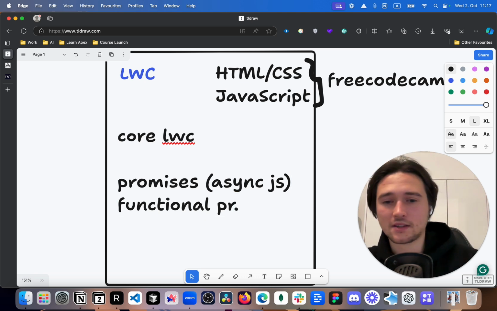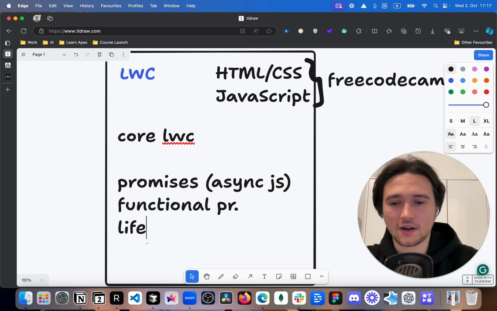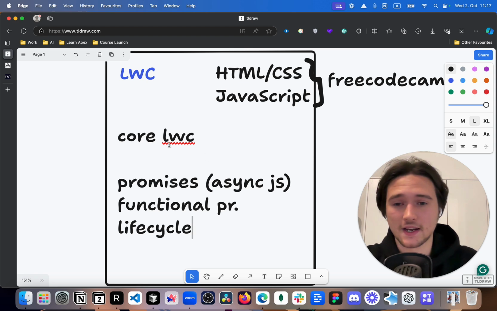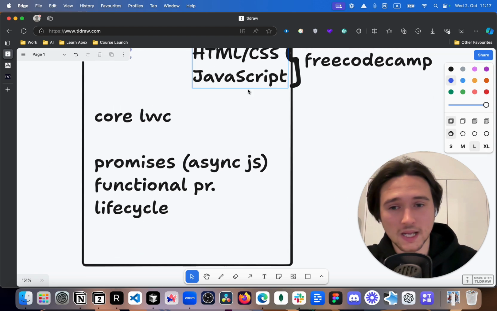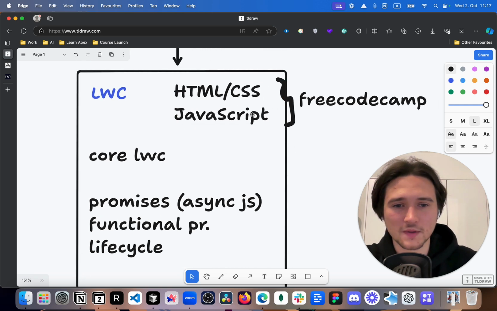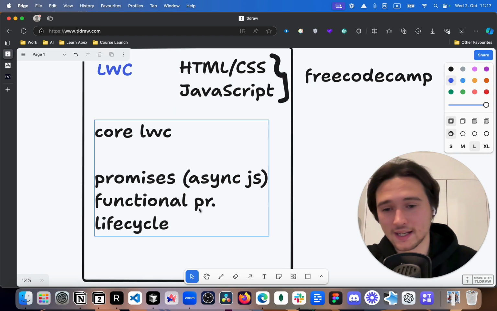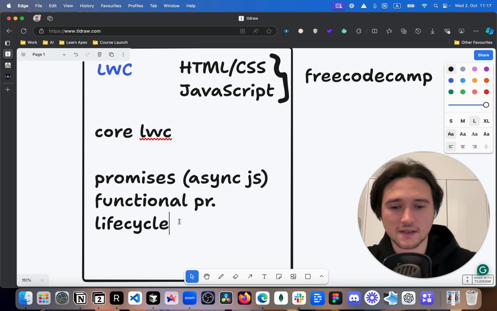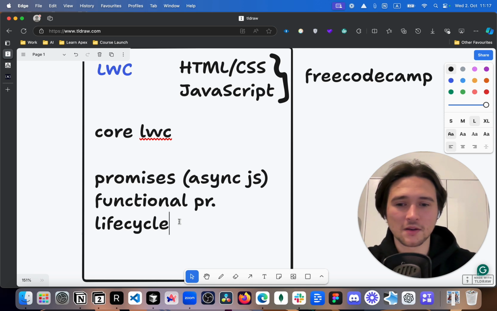Then another topic that people struggle with, and I don't understand why, is the life cycle. Life cycle should be an easy topic, but it's usually hard for people to comprehend what's going on there with connected callback, rendered callback and all this. I guess another reason people struggle with this is that you cannot really practice it too much.